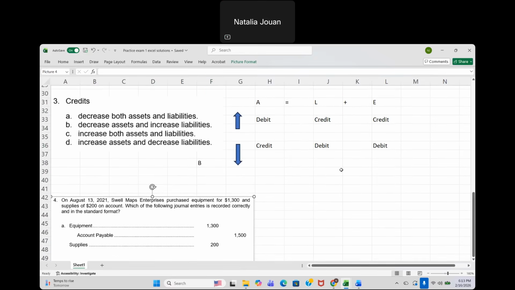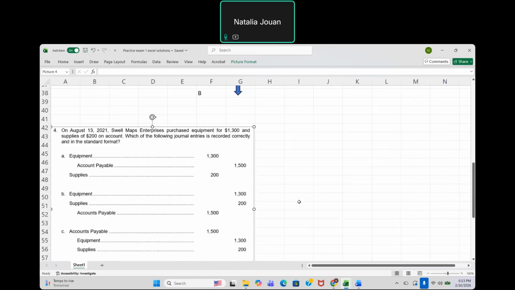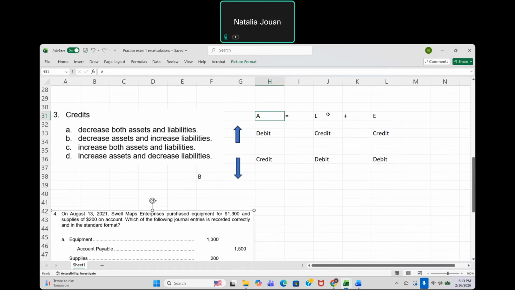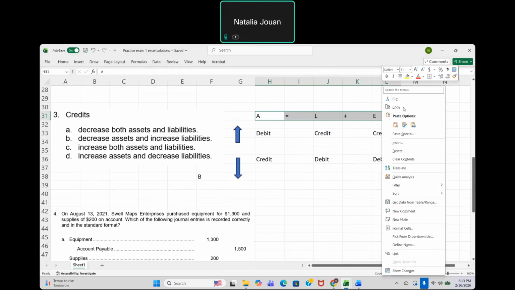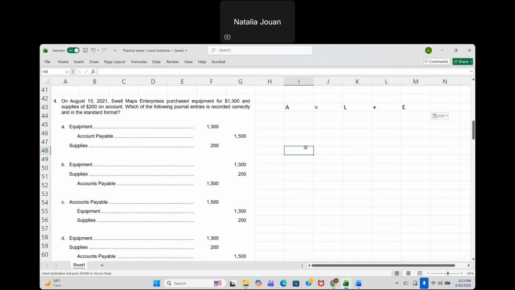So what is happening? We have assets. I'm just going to copy it. Two assets: we have equipment, and we have supplies.